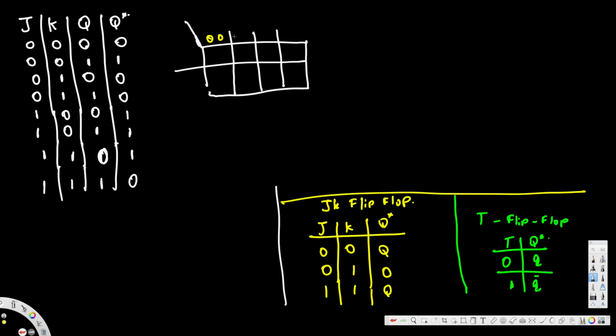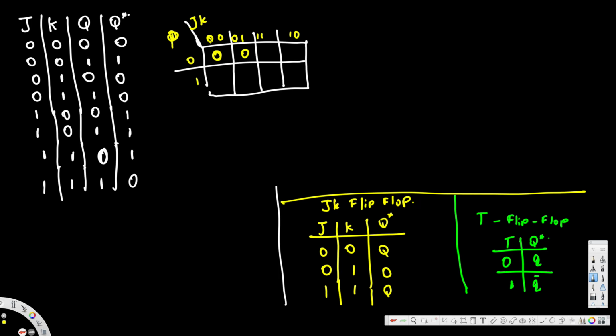The K map has JK as 00, 01, 11, 10, and Q as 0 and 1. When JKQ is 0, 0, 0, we get Q asterisk to be 0. When JK is 0, 1 and Q is 0, we get 0 again.